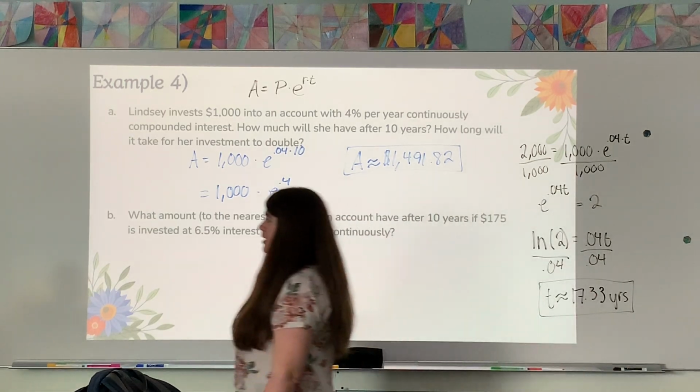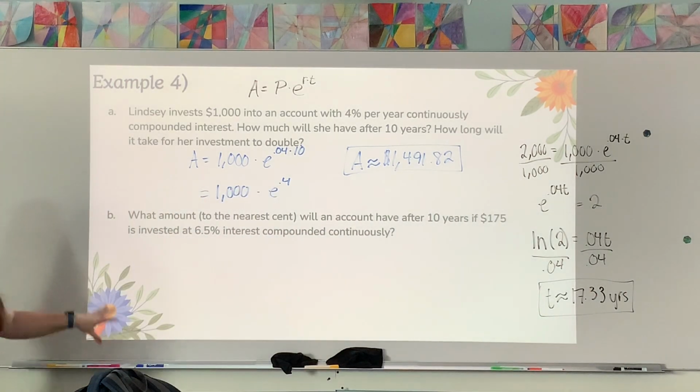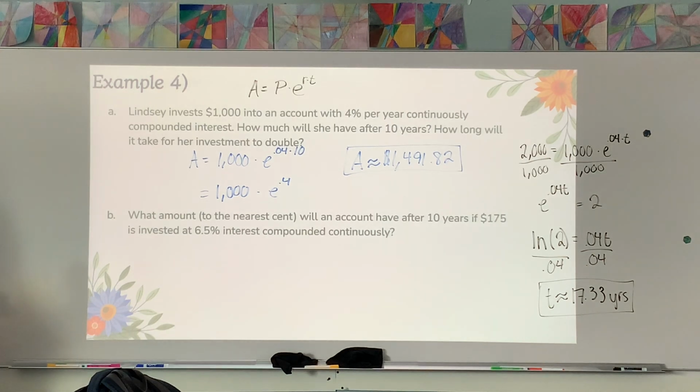Now we'll do part B. What amount to the nearest cent will an account have after 10 years if $175 is invested at 6.5% interest compounded continuously?